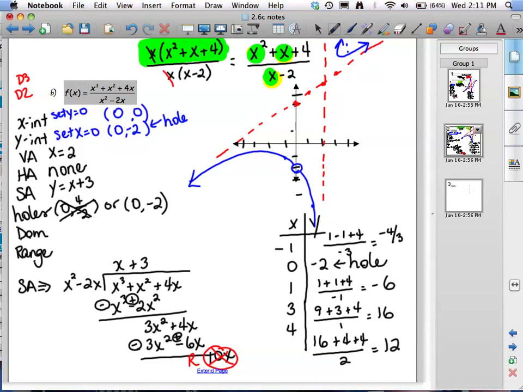Now, here's something that I need to point out to you. Domain and range. There's one value not allowed in the domain. 2. Somebody talk about the range here. You're gonna need a calculator or some calculus.